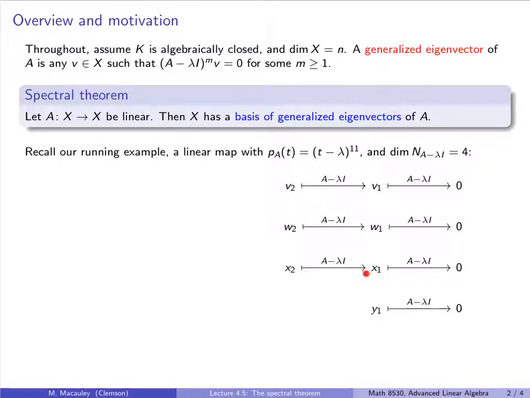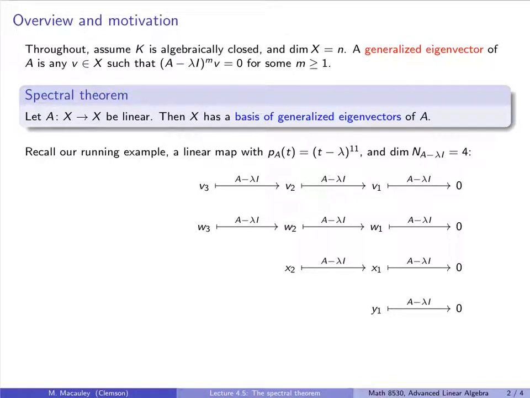These are generalized eigenvectors because (A minus lambda I) squared sends these things to 0. Now, here we have 7. If you believe that these generalized eigenvectors are going to be linearly independent, then this is a 7-dimensional subspace. And we still have an 11-dimensional space. So we don't have a basis.